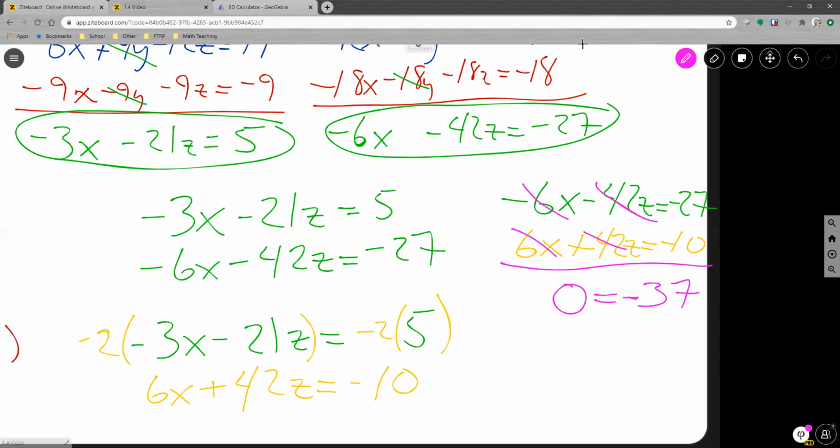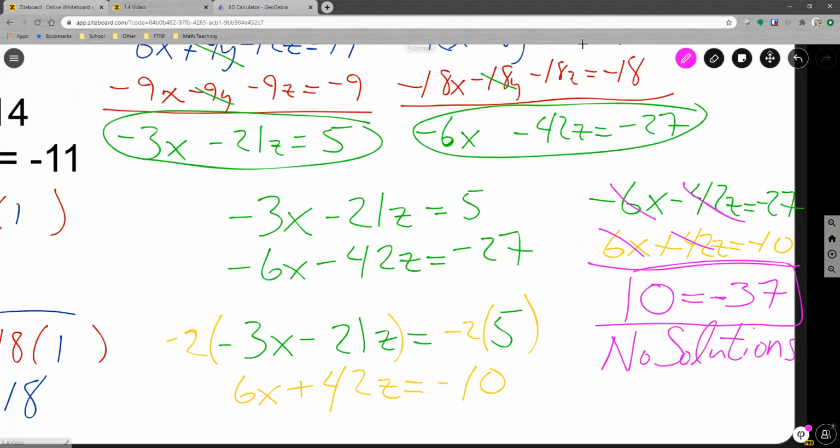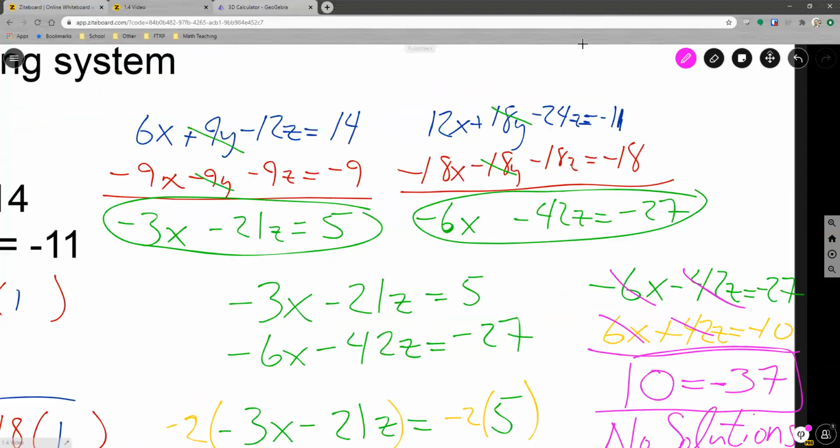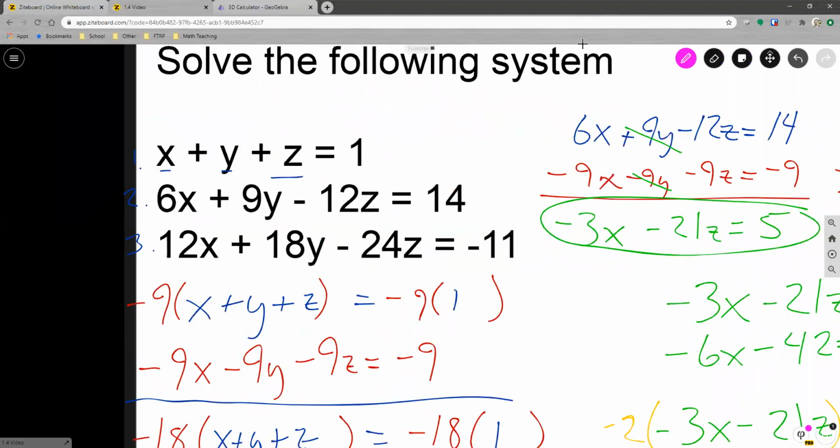As soon as I hit this point, 0 equals negative 37, I know that there are going to be no solutions. It doesn't make any sense. As long as your math is correct, you can always go back and check it. But as soon as you hit a point like that, you know that there's not going to be any solutions.